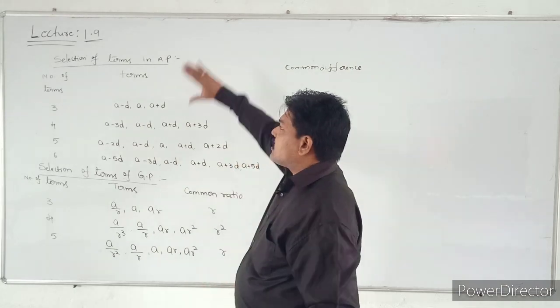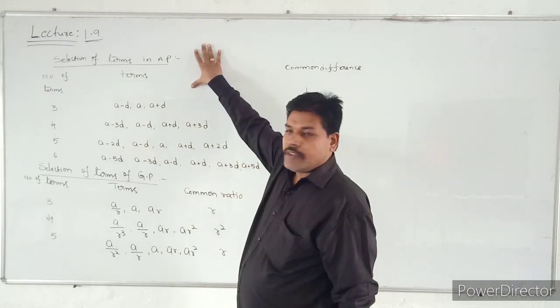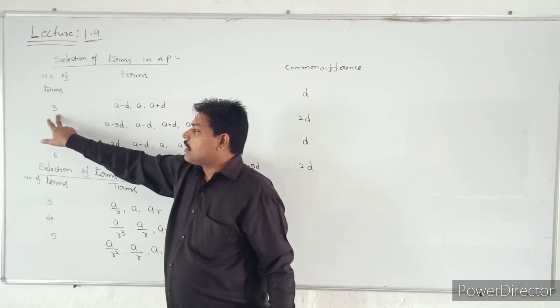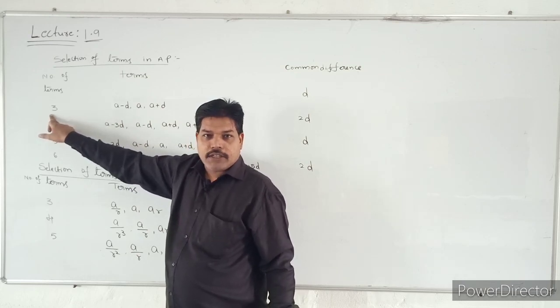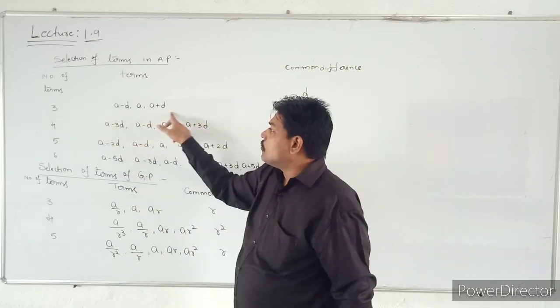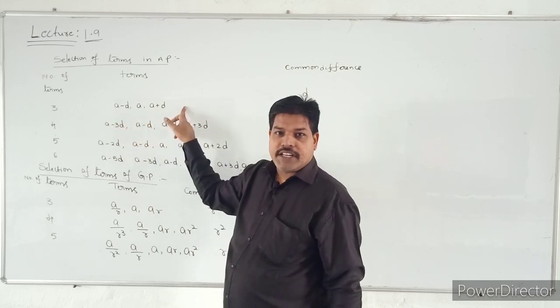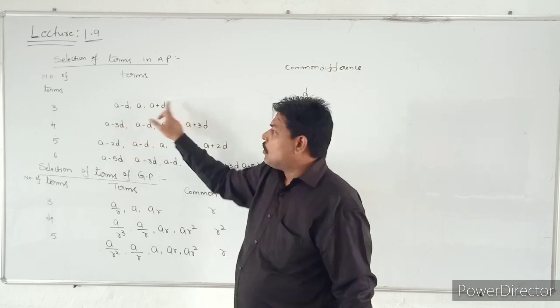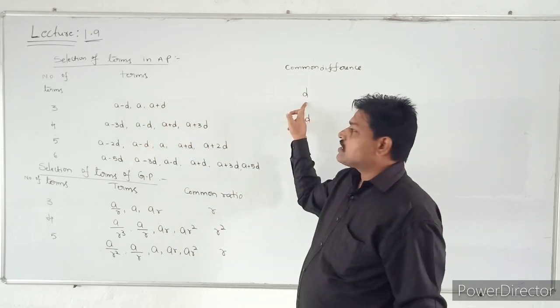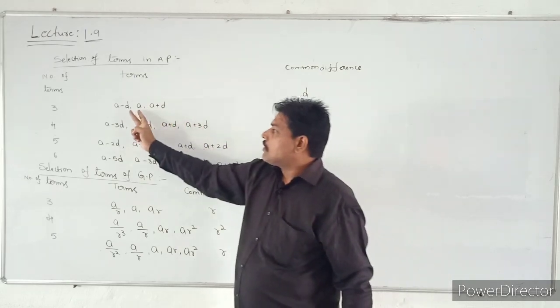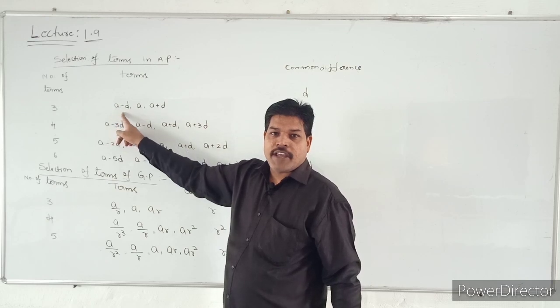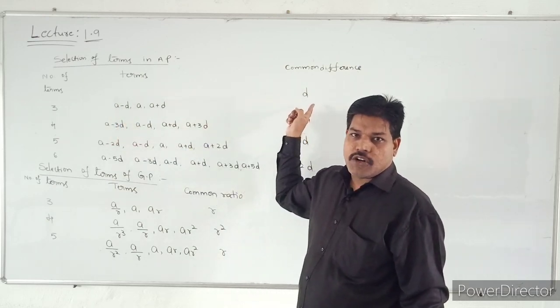See, the selection of the terms in the AP. If they ask you to take three terms, you have to take the terms as a minus d, a, a plus d. The common difference is d. See this one, a minus d, a, a plus d: the common difference will become d only.